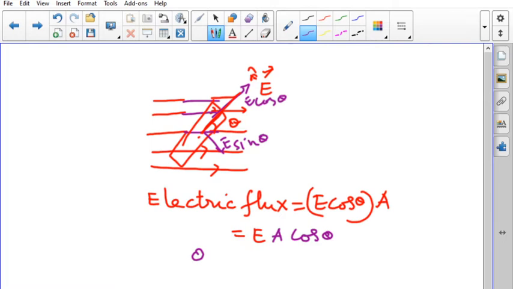That is why we write phi E is equal to E vector dot A vector. Okay, so it varies according to the orientation. So finally we have learnt that the expression for electric flux phi E is equal to E vector dot A vector. Okay, so now we have learnt the definition of electric flux and its unit.